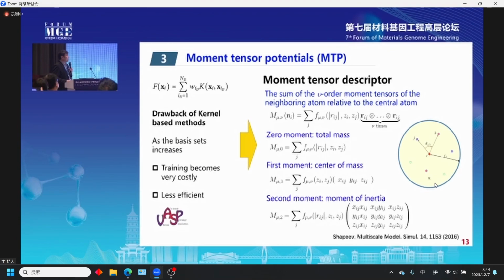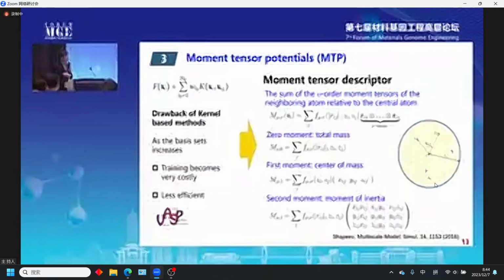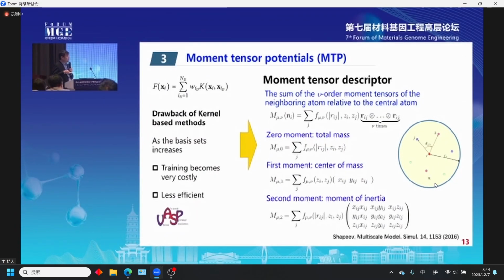As shown in this picture, you have the center atom, and it has different neighbors. Of course, this neighbor distribution is not only in this plane, but also around this axis depending on the page. So there are two things: the threshold function, and also this angular mu-times factor.